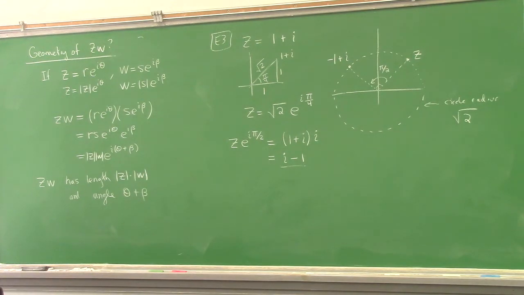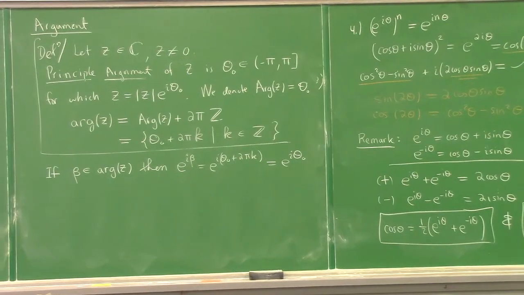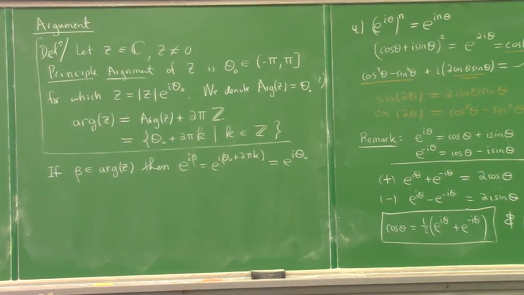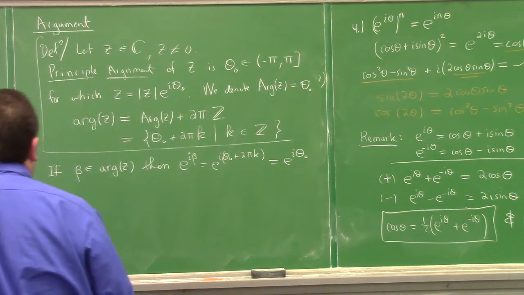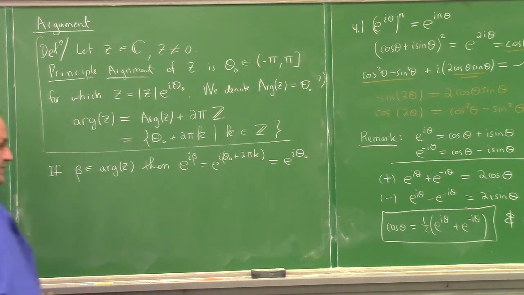So the argument is a set of values, right? It's an infinite set of values, but it's very special in its meaning. They're the set of values that if you feed them to the imaginary exponential, they all give you the same answer, right?